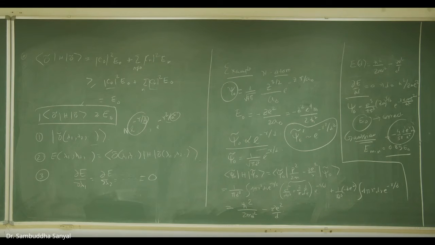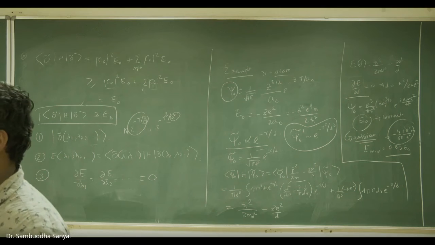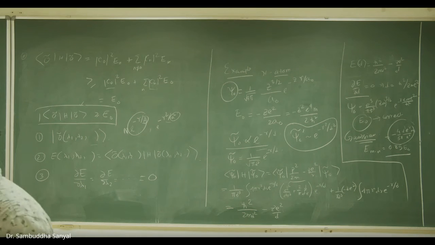It's already discussed in quantum 1. Let me give a hint. Think of the asymptotic solution of the Schrodinger equation with Coulomb potential. Can you think of the asymptotic solution?